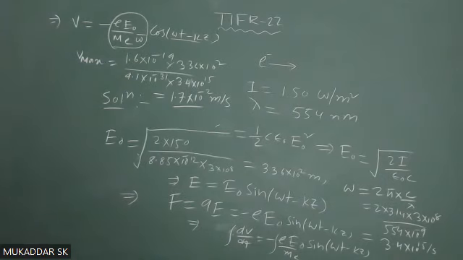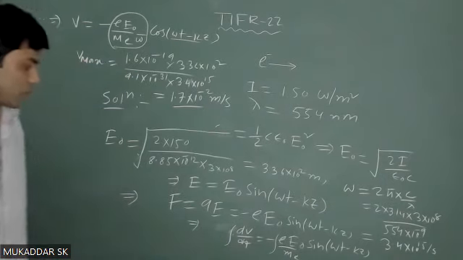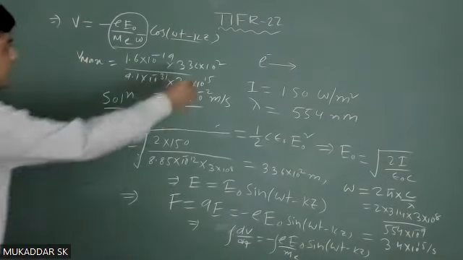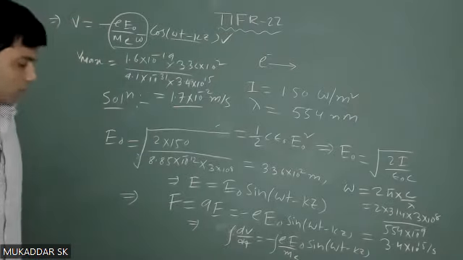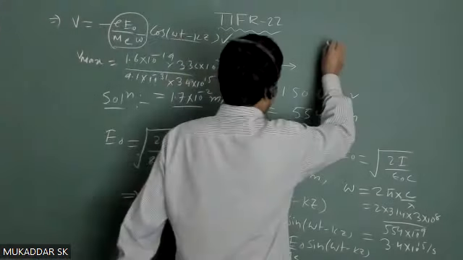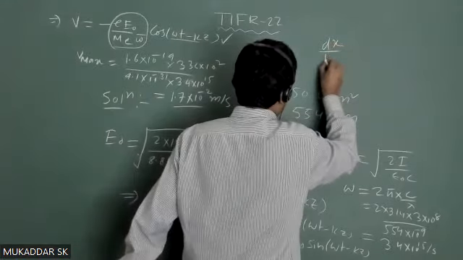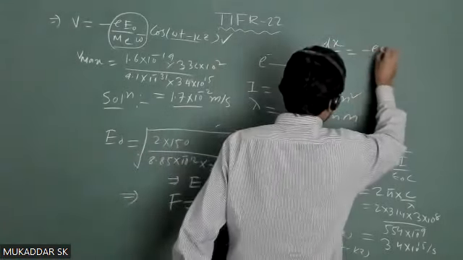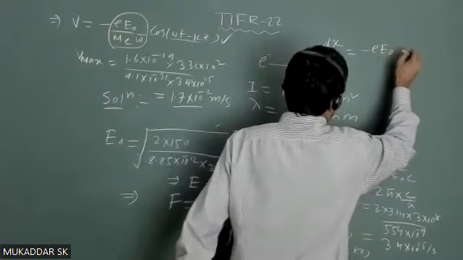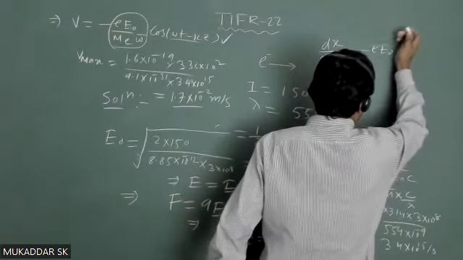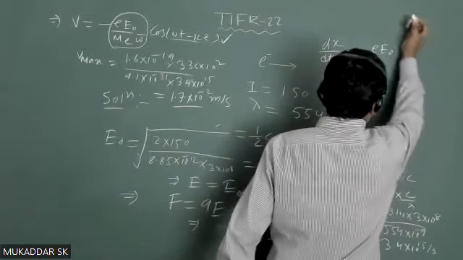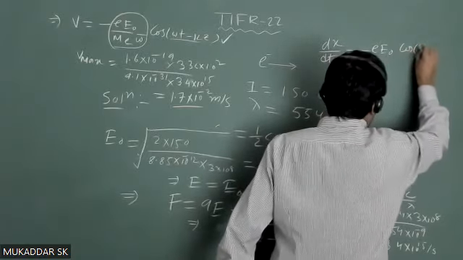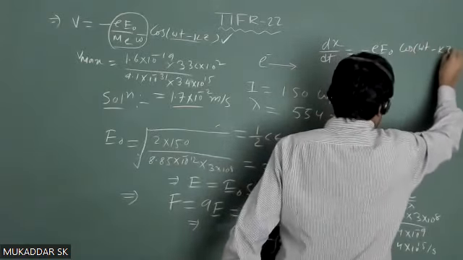Now we can calculate the displacement also. Since we have obtained the expression for velocity, and velocity is dx by dt, that equals minus e E naught by m e omega, and this will be your cosine factor, cosine omega t minus kz.